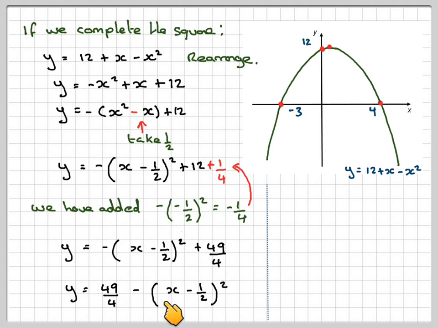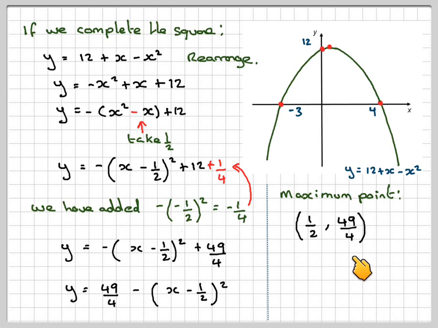So when this is equal to 0, this will give me the maximum point on the value of y. That will happen when x is equal to a half, because a half minus a half gives me 0. So the maximum point is going to be a half, 49 over 4. So the coordinates of that particular point are 1/2, 49 over 4.